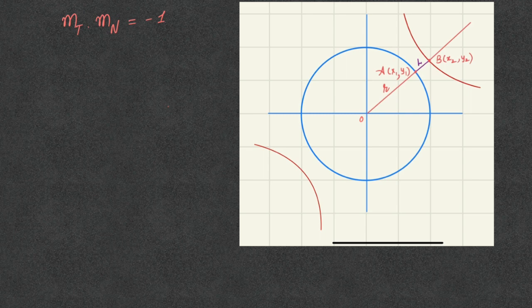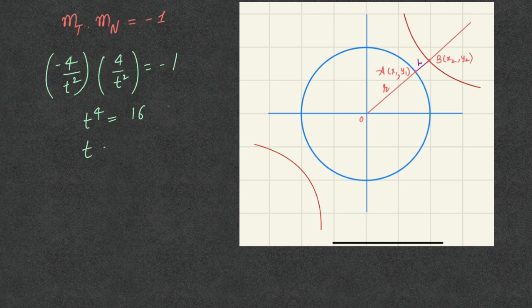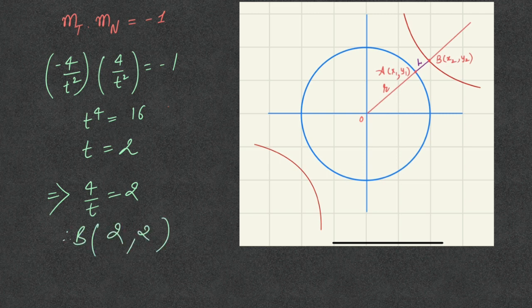We get 4 upon t square into minus 4 upon t square equal to -1. So from here t to the power 4 is equal to 16. So t becomes 2, which implies 4 upon t will also become 2. Therefore B is 2 comma 2.